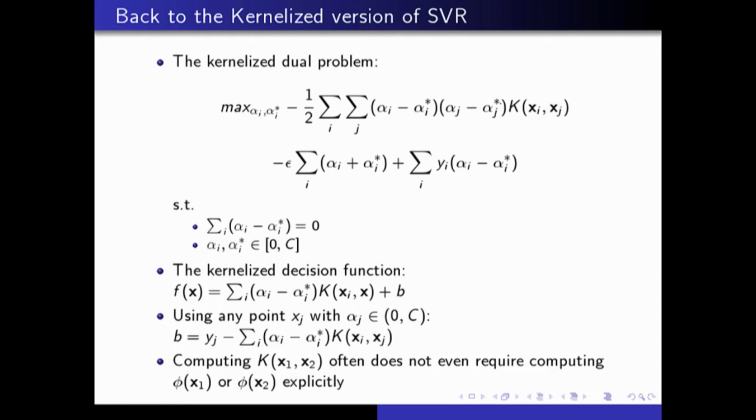So now we write the whole formulation in terms of the kernel function k, and as I said, the computation of kernel could often avoid computation or enumeration of the phi's explicitly.